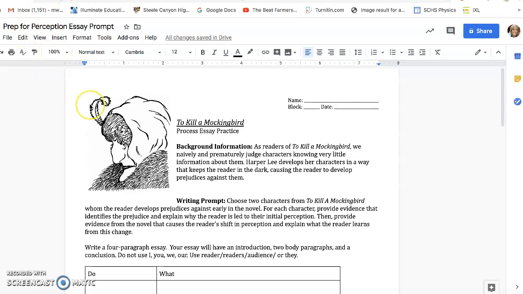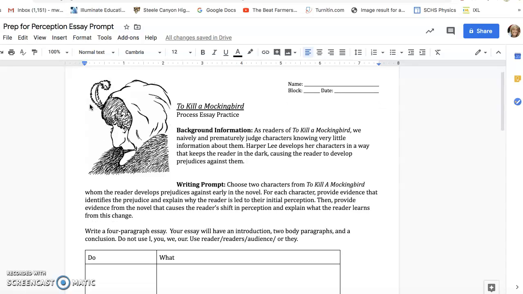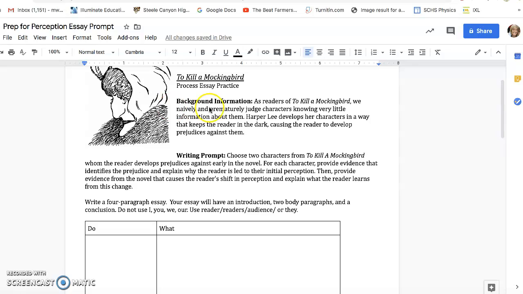Well, I'm going to step you through this document, and this is on Google Classroom. So I just want to point out to you that we are going to be writing a 4-paragraph essay, and the writing prompt is where you're going to choose 2 characters from To Kill a Mockingbird, whom the reader develops prejudices against early in the novel.